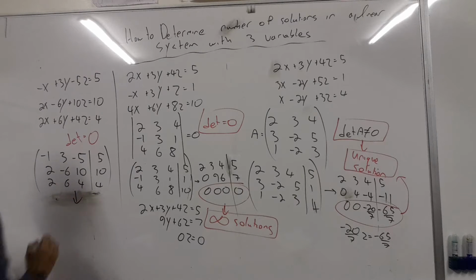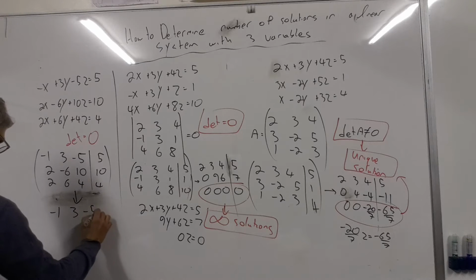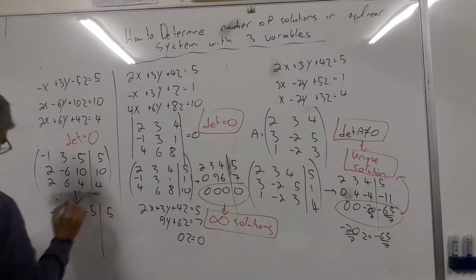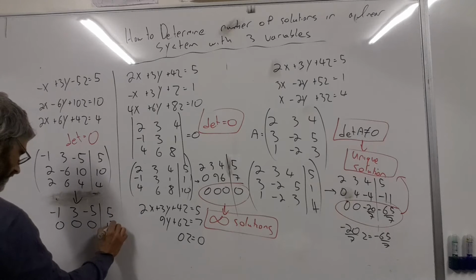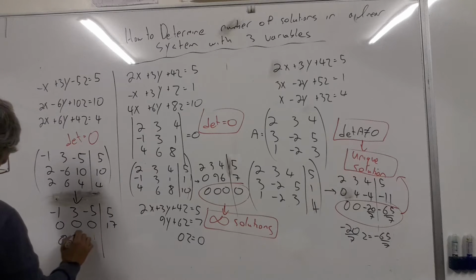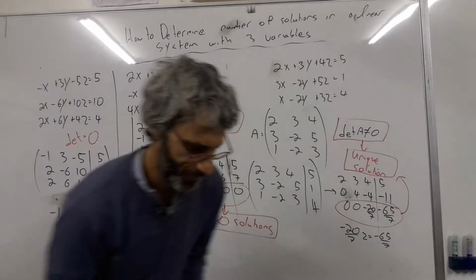So I did a row operation and I got, sorry, wrong one. Minus 1, 3, minus 5, and 5. Then I got 0, 0, 0, 17. And then I got 0, 7, 6, 0. Okay, what does that mean?